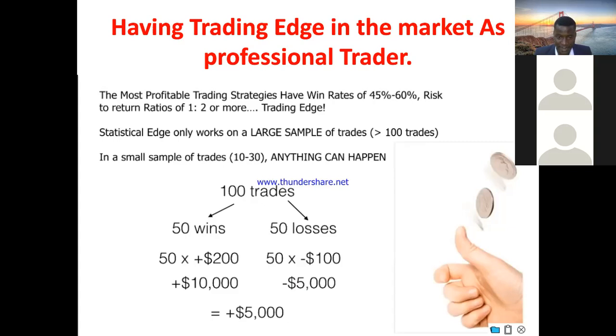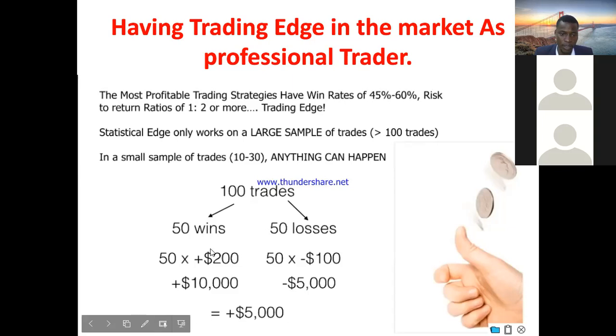So in that, you have put the edge on that kind of game. You have an edge over that kind of game, because it's going to be a 50-50 outcome, but you know that when you win you win double, and when you lose you lose a single. So if you do that consistently for about 100 trades, you are going to come out in profit.